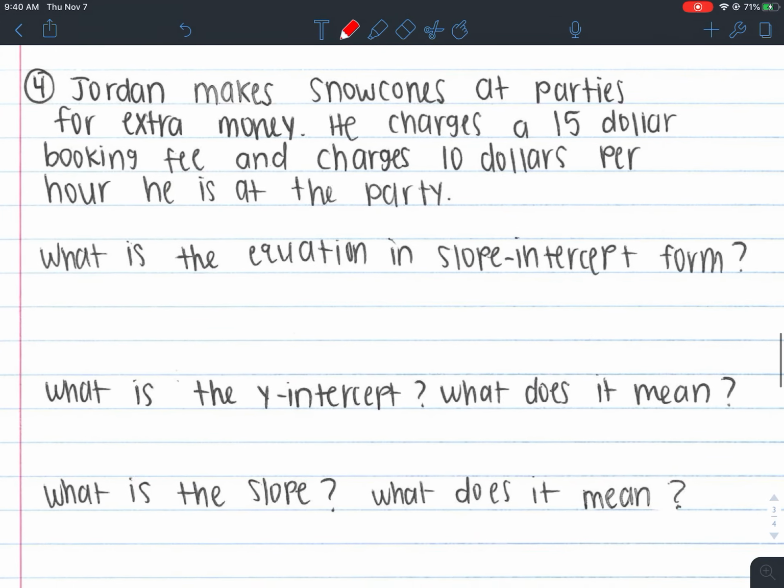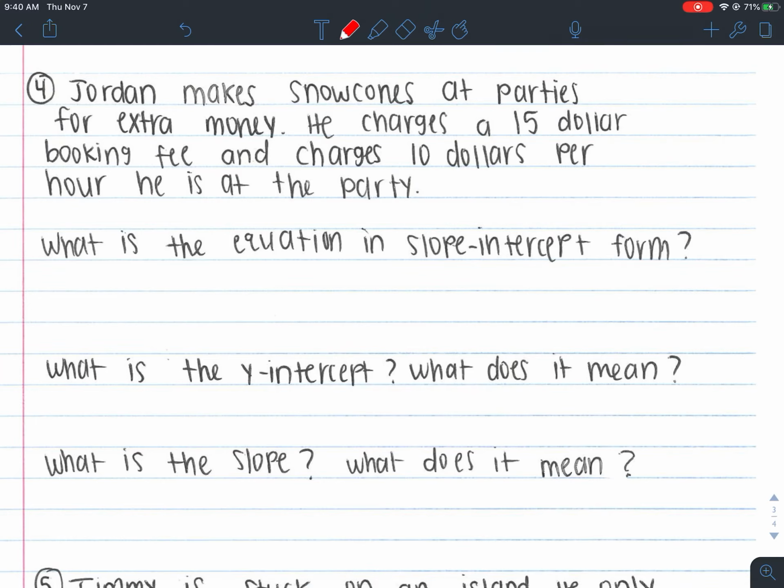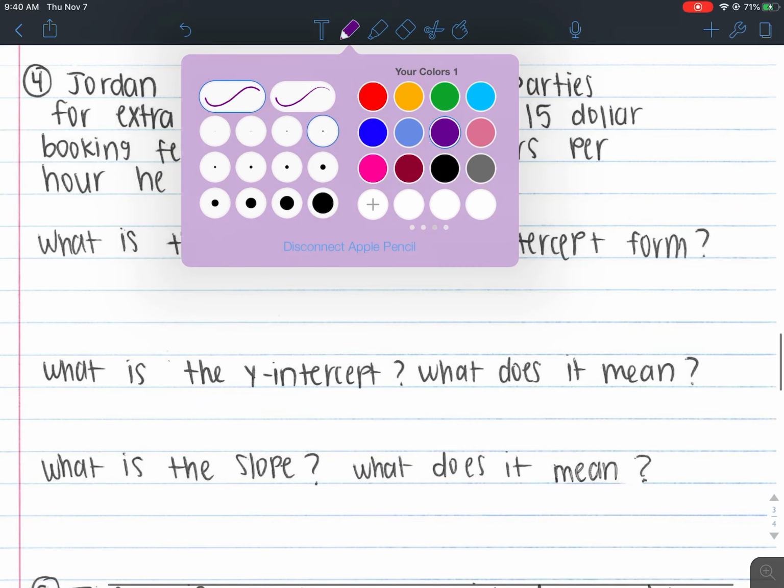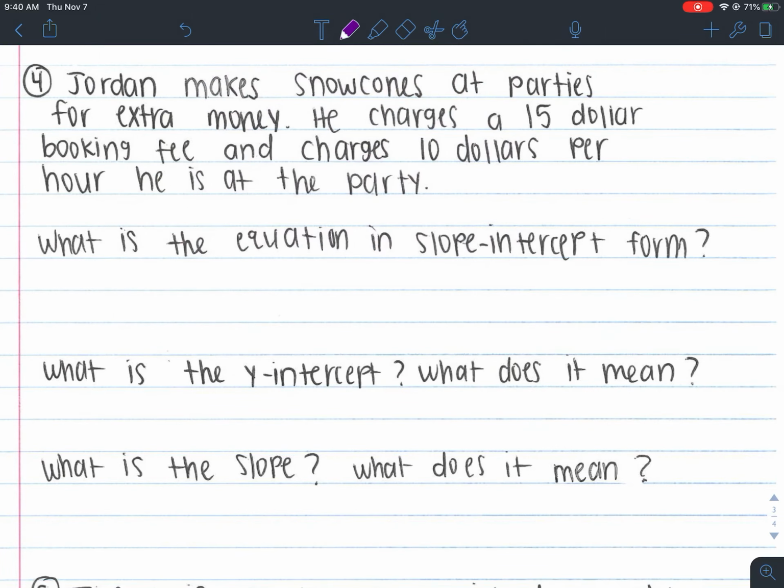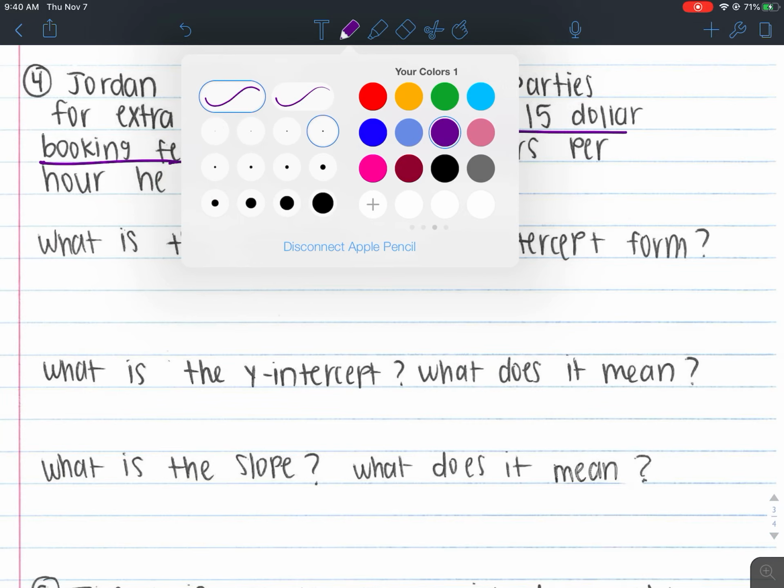All right, moving on. Number 4, Jordan makes snow cones at parties for extra money. He charges a $15 booking fee and charges $10 per hour at the party. What is the equation in slope-intercept form? So let's take a look at our equation here and how we could create one. So we know that he charges $15 for the booking fee. So at the very beginning, he's going to charge that up front.